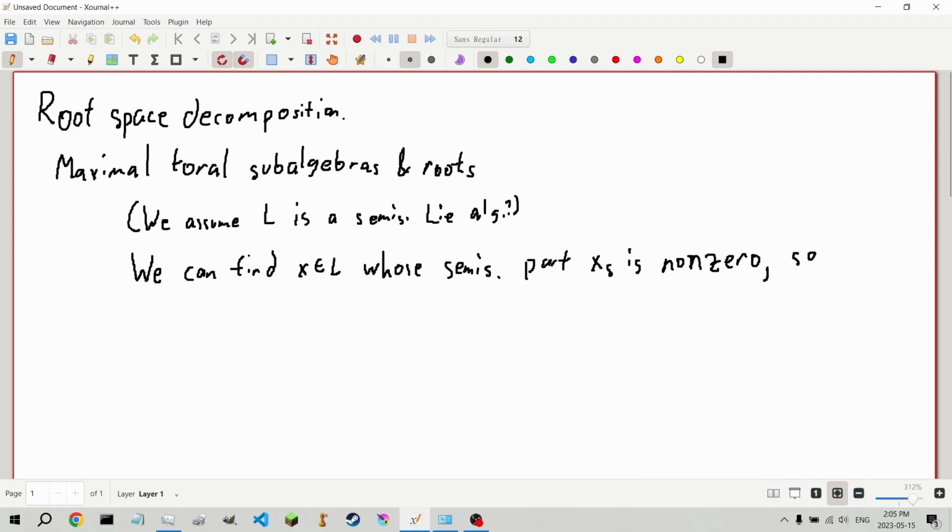So remember that L possesses non-zero subalgebras consisting of semi-simple elements.